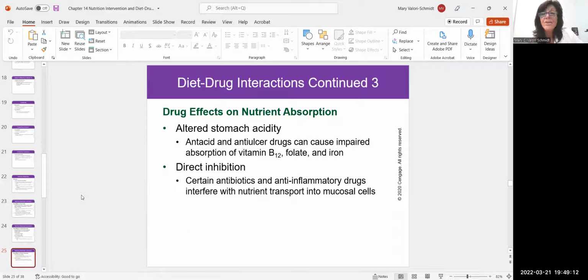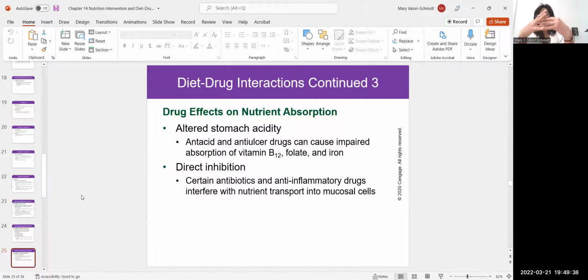And then your stomach acidity has an impact on nutrient absorption. For example, you would never take a Rolaids or a Tums at the same time that you would take most oral medications. Why? Because the acid in the stomach is necessary for breaking down the chemical content of the pill you're taking.